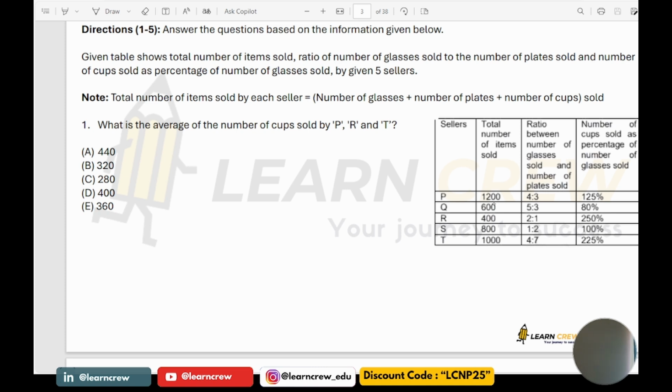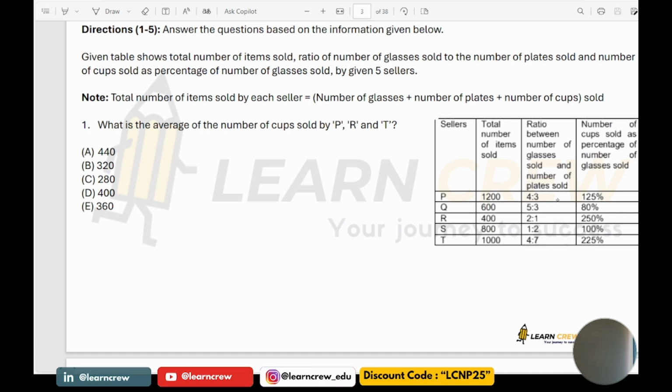The total number of items sold by P is 1200. The ratio between the number of glasses sold and the number of plates sold is 4:3, and the number of cups sold as a percentage of the number of glasses sold is 125%. So one is 4x, the other is 3x.